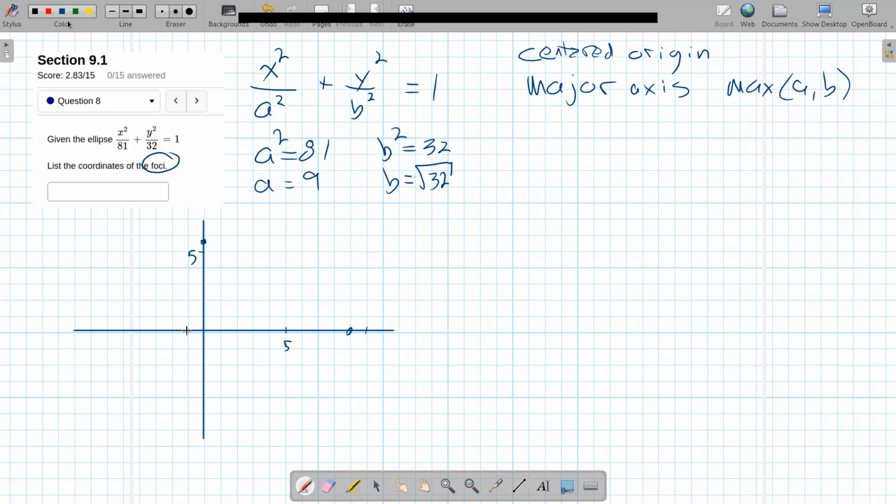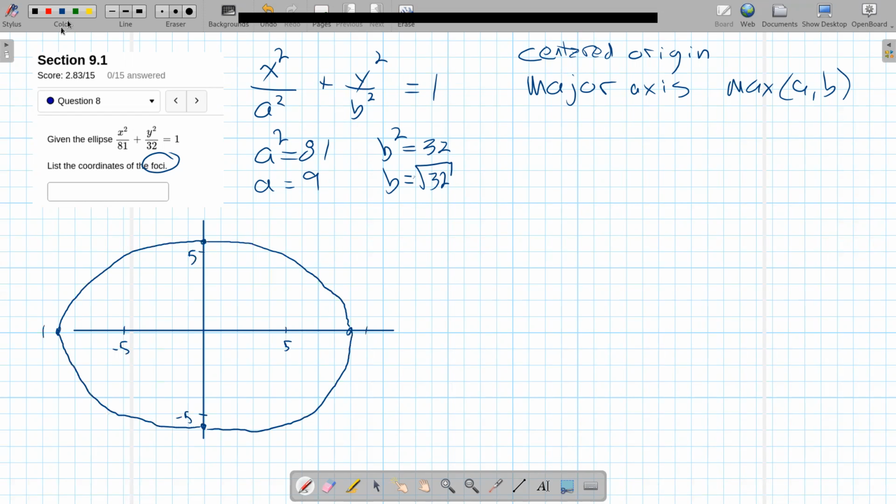It's always worth your while to graph these. So here's the other focal point. There's -5. And then about here is the other one. So my ellipse looks something like this, to the best of my artistic ability today.